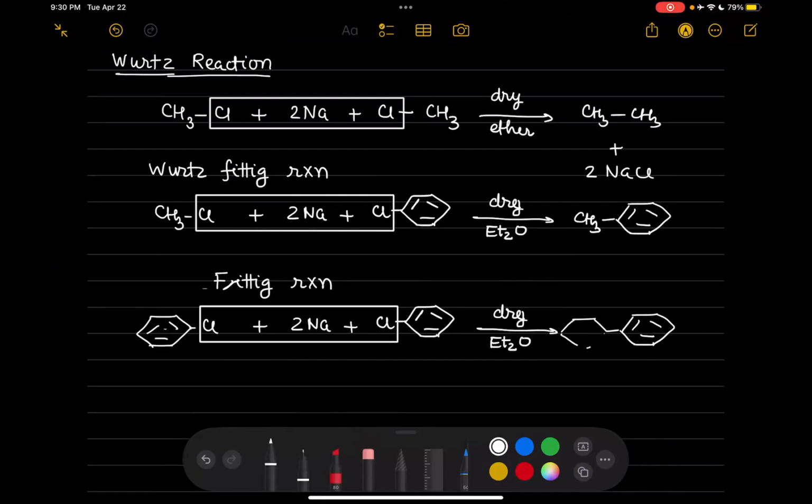The names you need to remember because they were asked in many examinations. They are all the same. The byproduct is also the same. Everything else is the same. You just need to know the name, and the difference is: if you take both alkyl groups, it is going to be Wurtz; one alkyl and one aromatic group, Wurtz-Fittig; and if both benzene rings, then it is going to be Fittig, right?